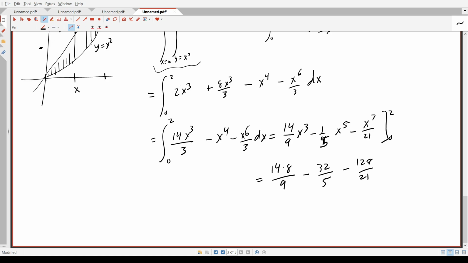The integral from x squared to 2x of x to the 2 plus y to the 2 dy dx. Okay, 14 over 9 is wrong. Oh man, that's not what I want.